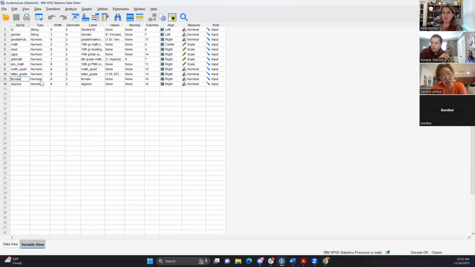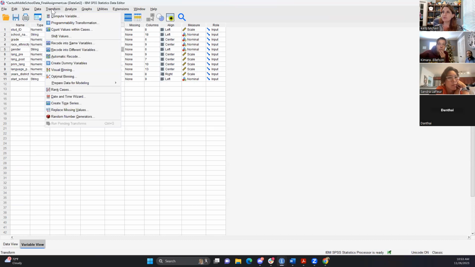What we had done in one of our assignments was we transformed this specific variable and we named it female, because we're using the numeric coding of 1 equals female and 0 equals male, but you can't have female/male. So for this variable that we made, when it equals 1, that means it's female. If it equals 0, that means it's male. And in order to make that, we did transform and recode into different variables.